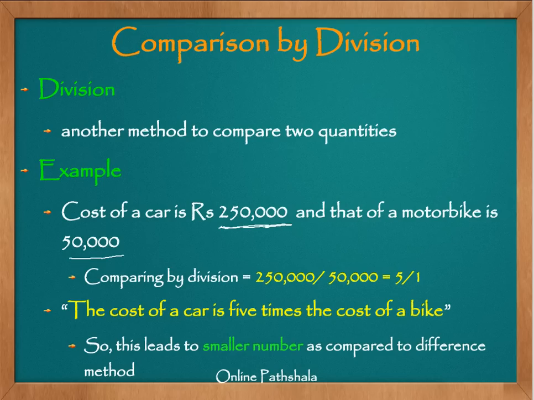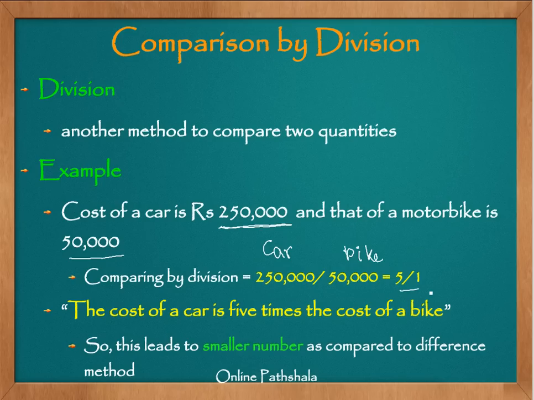Now if I compare the cost of a car and that of a bike by division, what I am doing is putting simply the price of car as a numerator, and the price of motorbike as a denominator. We just divide the price of one by the other. In this case, this is the price of a car and this is the price of our bike.